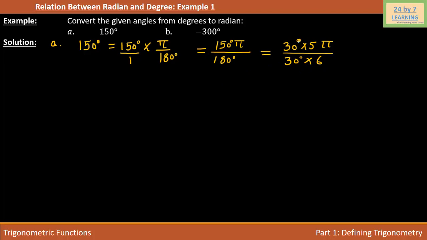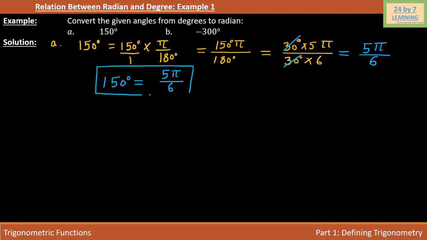As you can see, 30 is common to the numerator and denominator, so we can cancel this out. We have only 5 pi left, over 6 in the denominator. So basically, 150 degrees is equal to 5 pi over 6 radians.